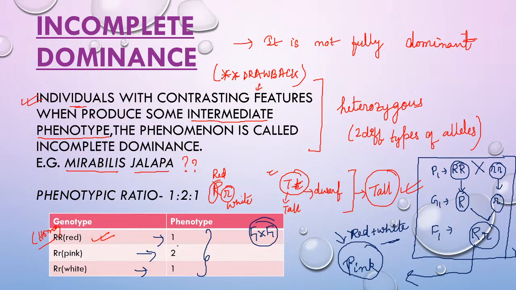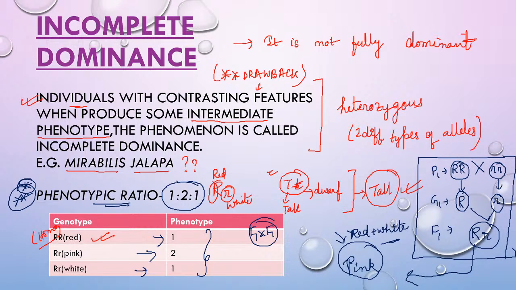Two type of heterozygous phenotype are seen, which obtains the pink color. So the phenotypic ratio, which is very important and asked several times, make as many stars as you can in this type. So the phenotypic ratio of the incomplete dominance becomes 1:2:1.